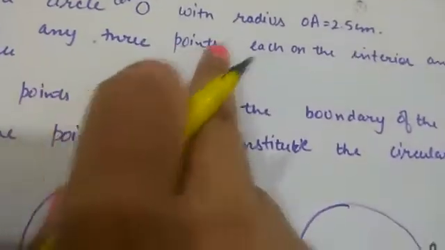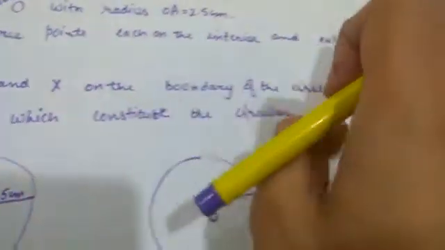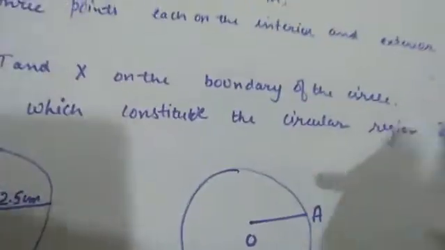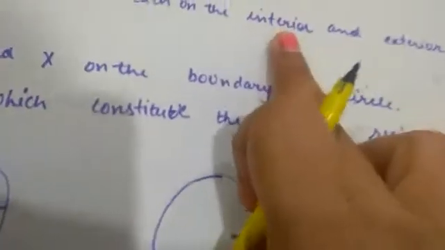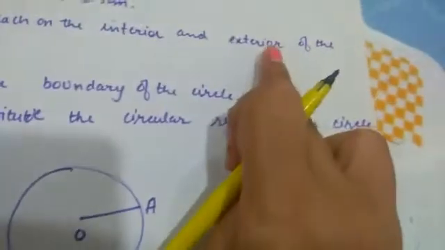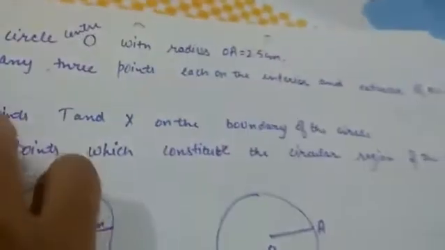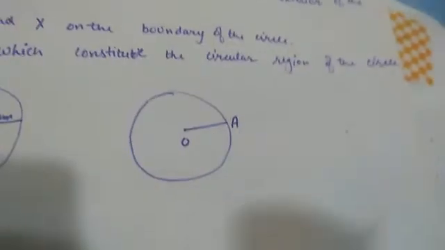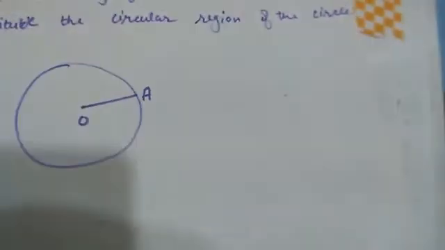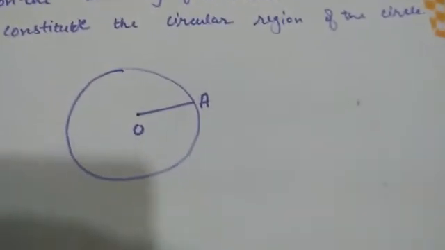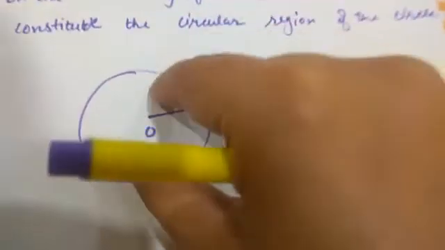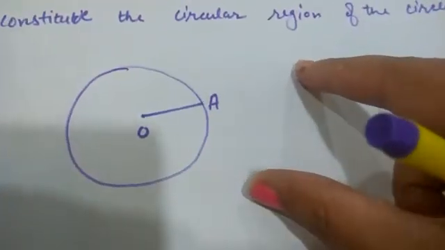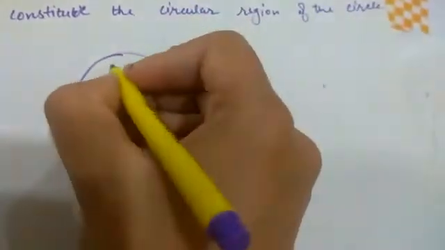Name any 3 points each on the interior and exterior of the circle. That we know. Interior means inside the circle and exterior means outside the circle, and the question is name any 3 points, means here we have to mark any 3 points which are interior of the circle and any 3 points which are exterior of the circle. That is a simple question.